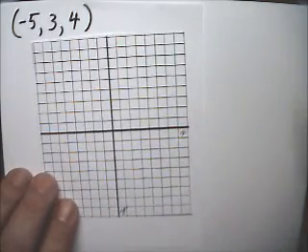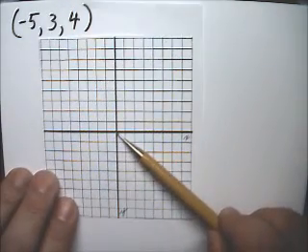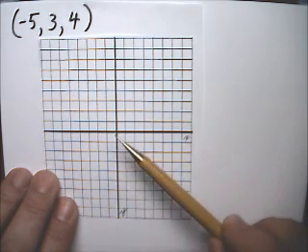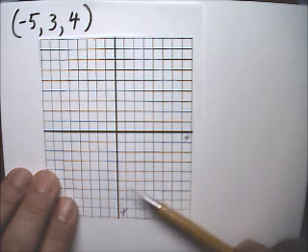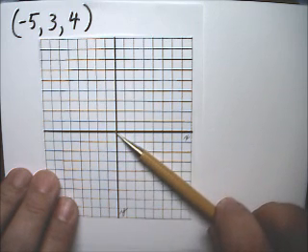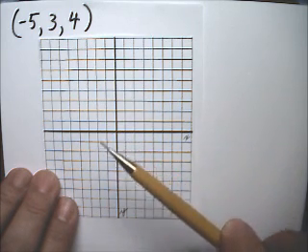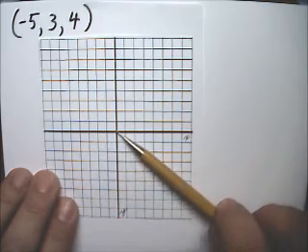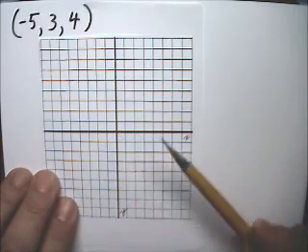So what we add is a z-axis, and the z-axis comes straight up out of the floor. The x and the y makes the floor, and the z-axis comes up and makes like the walls.